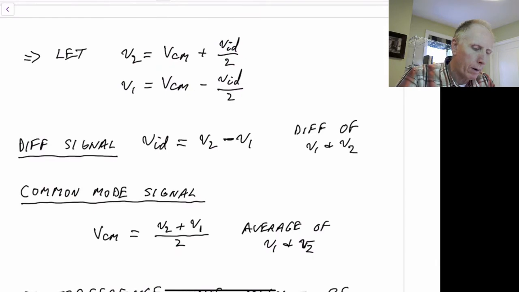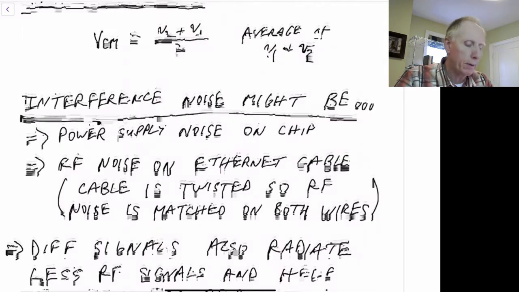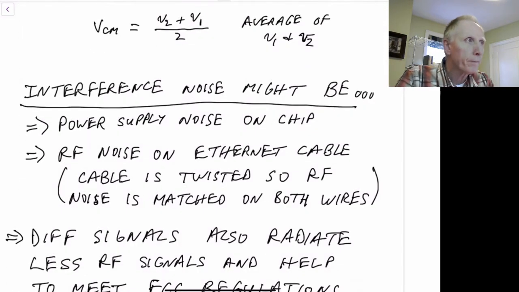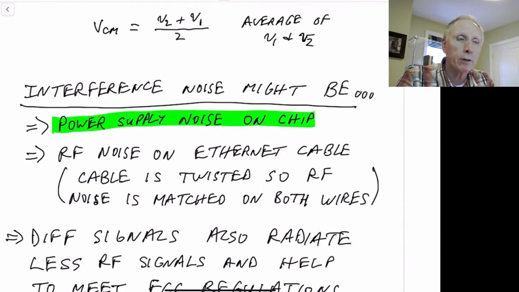Interference noise on a chip might be power supply noise going from the power supply into different parts of the circuit, and if our circuit is differential, then we can reject that power supply noise. It could also be RF noise on an Ethernet cable. A long Ethernet cable could pick up radio frequency noise.